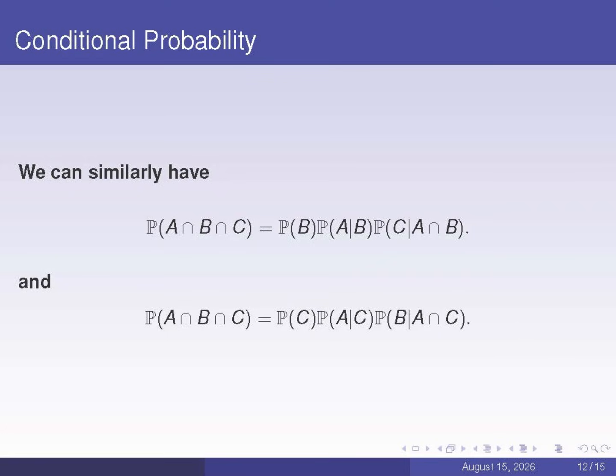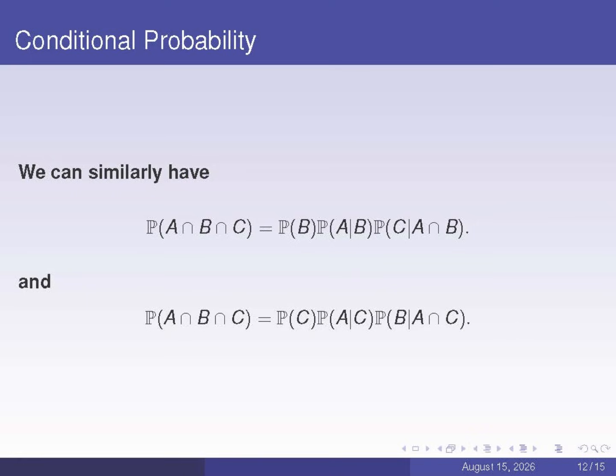As explained on the second line, the probability of events A, B, and C occurring simultaneously equals the probability of event B occurring first, multiplied by the conditional probability of event A occurring given B, and then multiplied by the conditional probability of event C occurring given that both A and B have occurred.